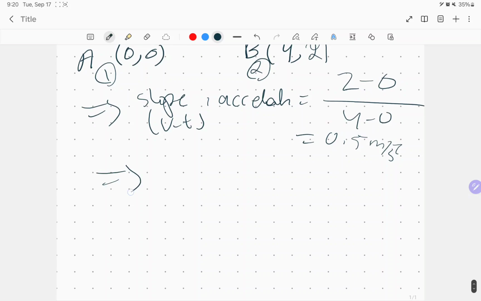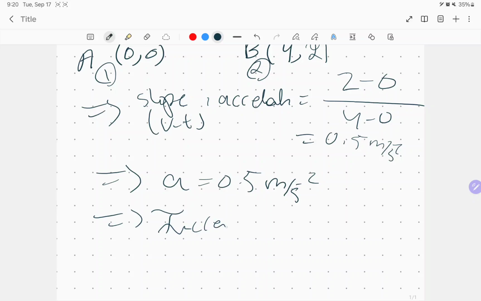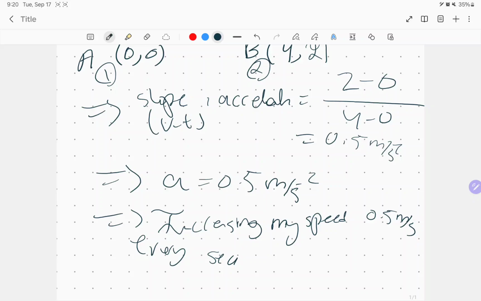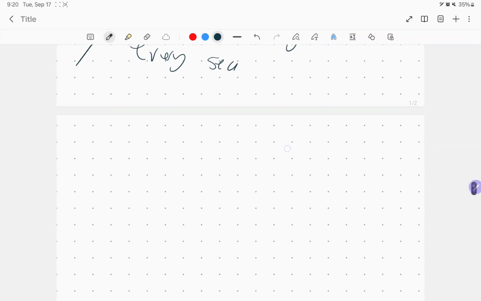Now what do I mean by this? Acceleration equal to 0.5 meters per second squared means that I'm increasing my speed by 0.5 meters per second every second. That's about part C, about explaining it.